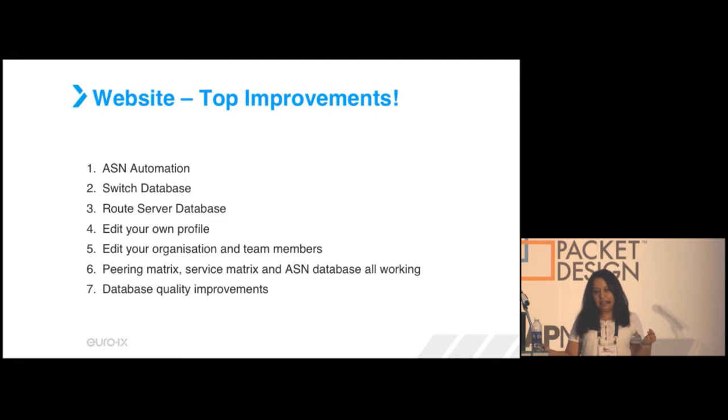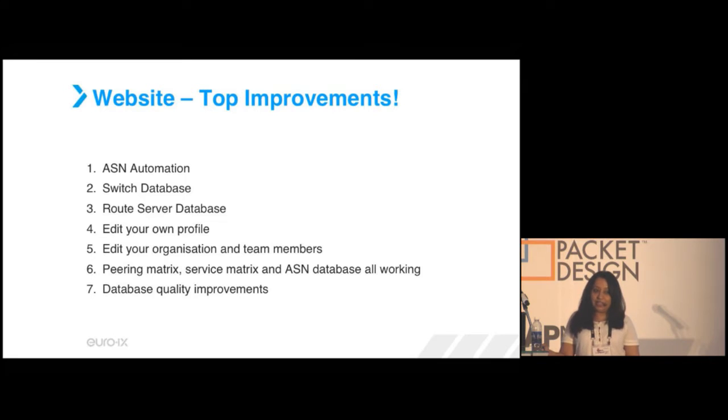So the IXPs have all been verified and checked to make sure that the data in there is okay. So top improvements are the ASN automation. So internet exchange points can now automatically enter their ASN information into the database. We have a switch database, a root server database.